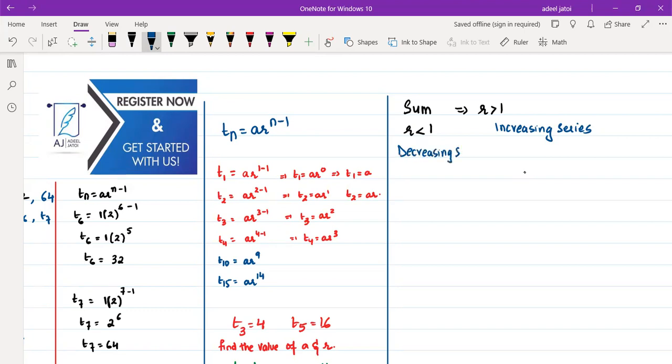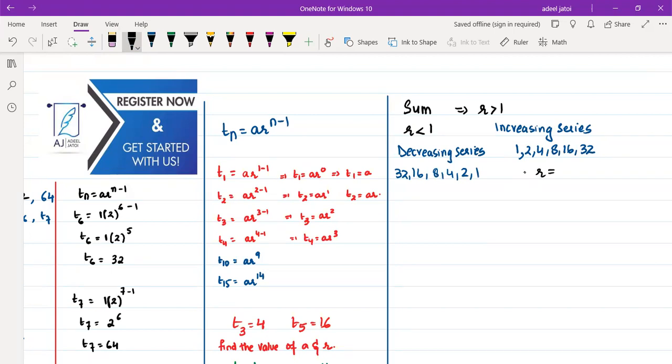Which means the increasing pattern was 1, 2, 4, 8, 16, 32. If I write down the decreasing series, 32, 16, 8, 4, 2, and 1. So the pattern will change. Even the ratio can be changed because of the increasing and decreasing.